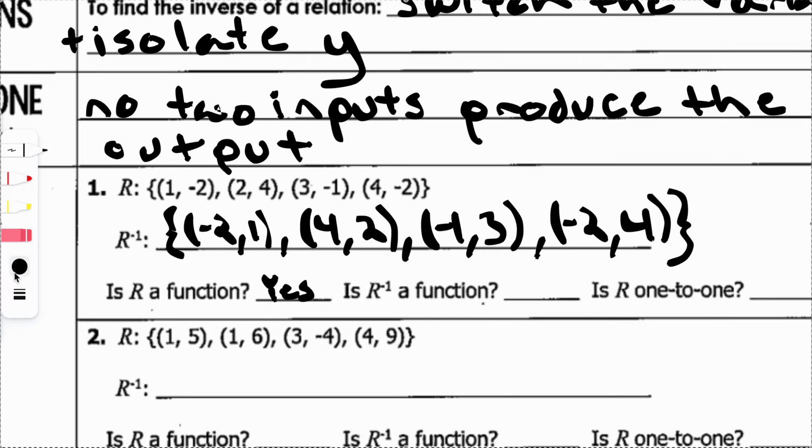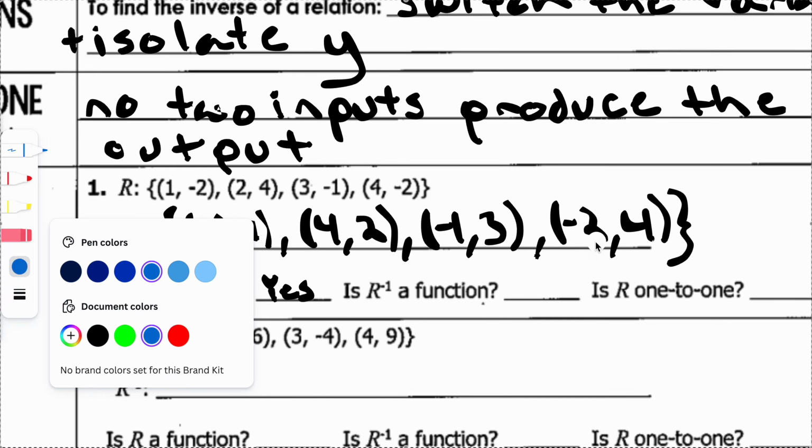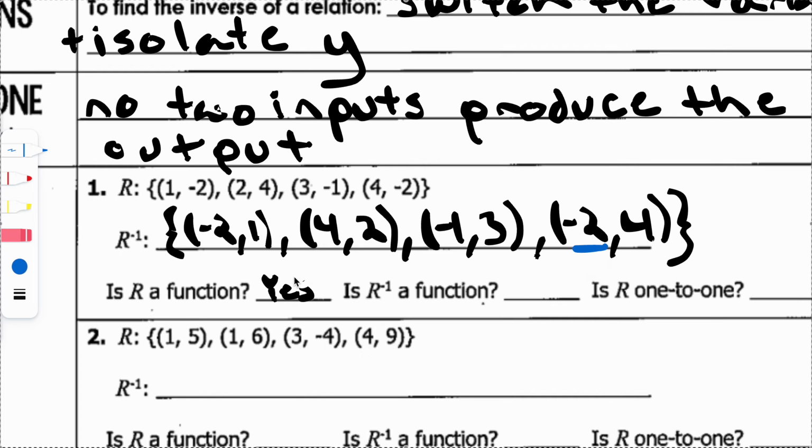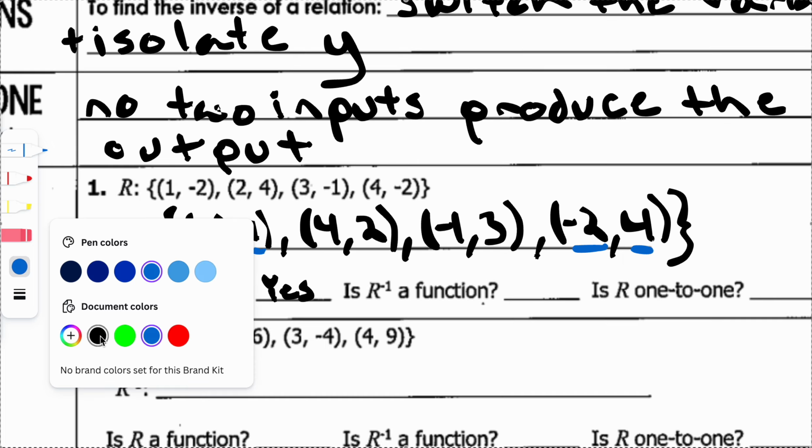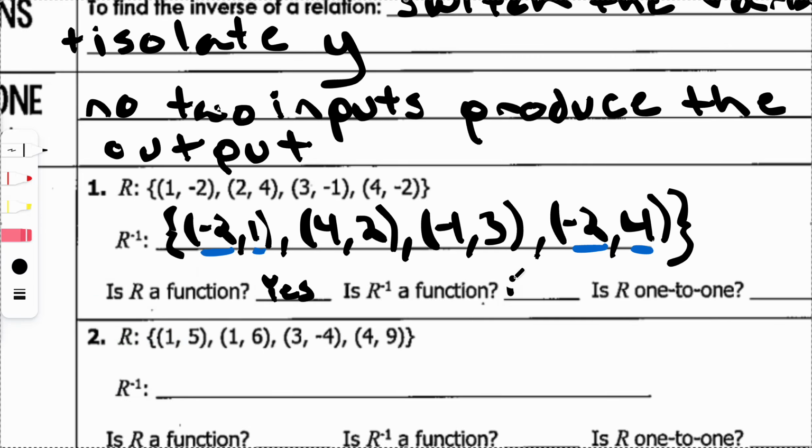And I'm looking through here and I see these two points with the same x value, -2, and different y values, 1 and 4. And so that means it's not going to be a function. And we'll talk a little bit more about what this means graphically, just as before with a one-to-one relationship.